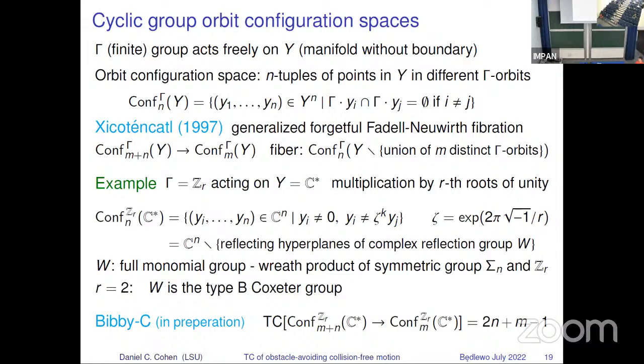This class was studied by Costa and Farber, and they proved something of the flavor: the nth power of this class is non-zero if and only if TC of the space is at least something. But this class is in general very hard to work with. It's a twisted cohomology class with coefficients in the group ring, the augmentation ideal. Lots of fun to play with.